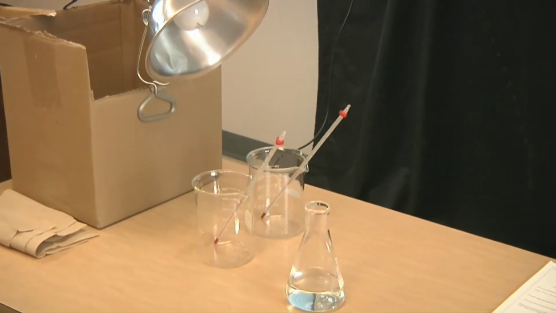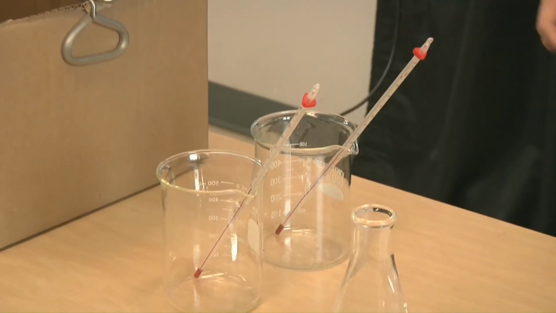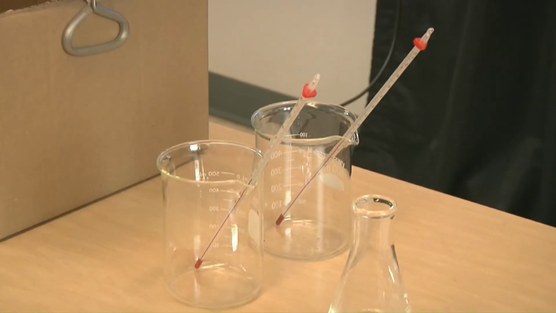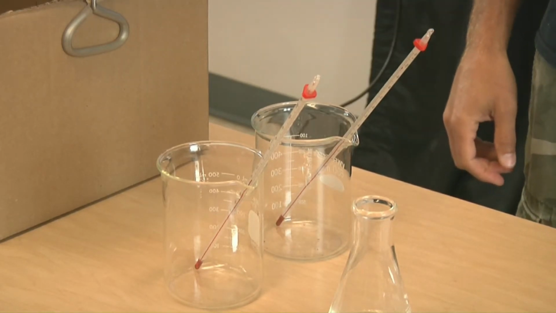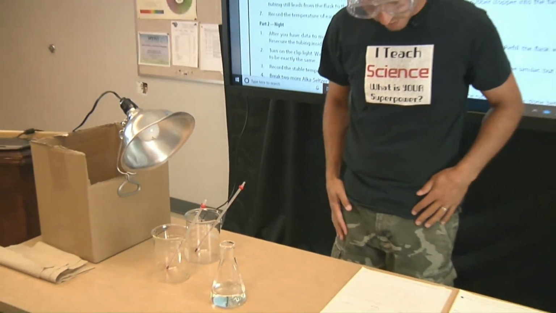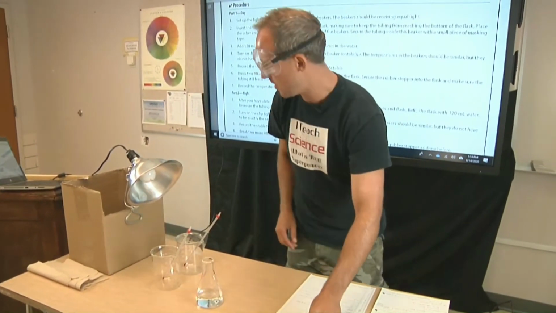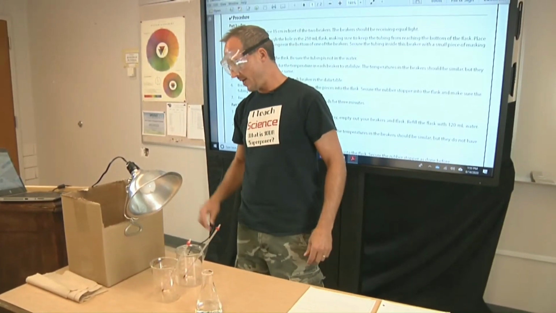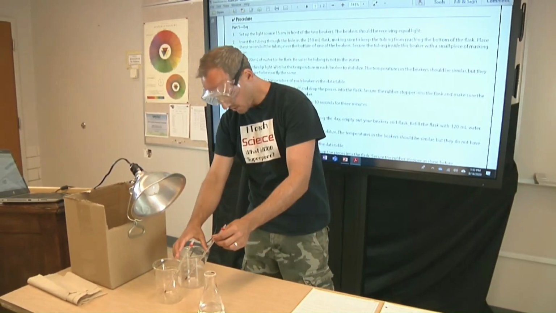Because initially, we want to be able to see a stable temperature for each of these before we have any light source on it. So initially we're going to do that just to get those prepared. Okay, so we've got our thermometers in there. And what we're going to do now is turn on our light source in just a second.